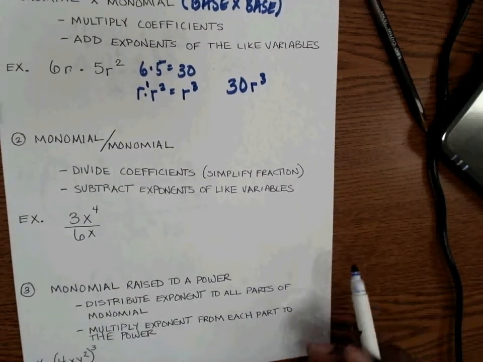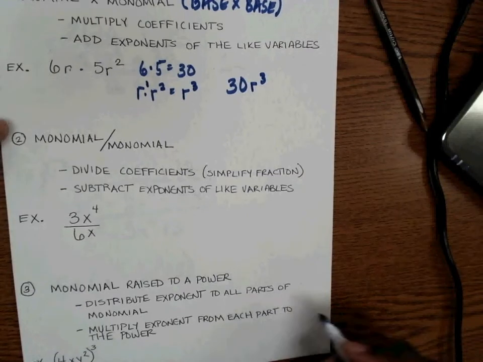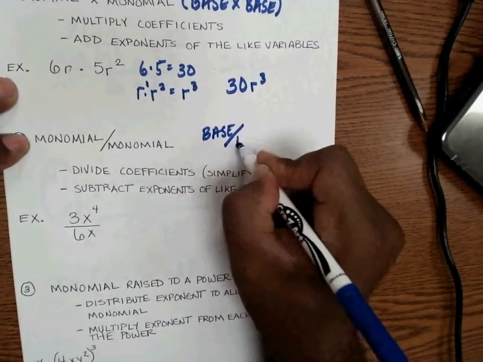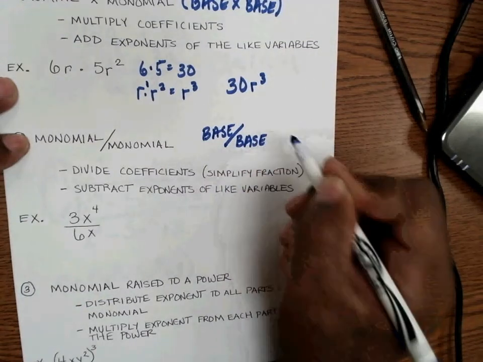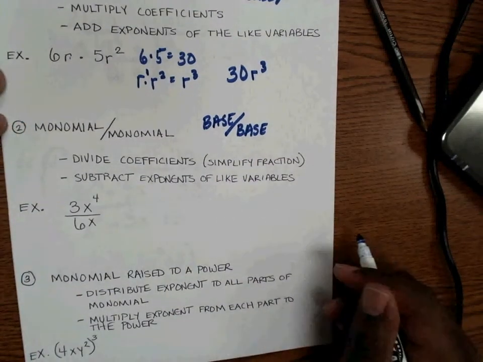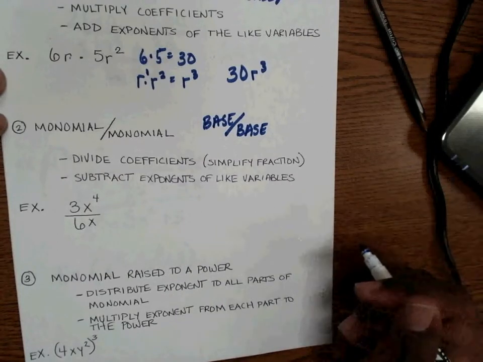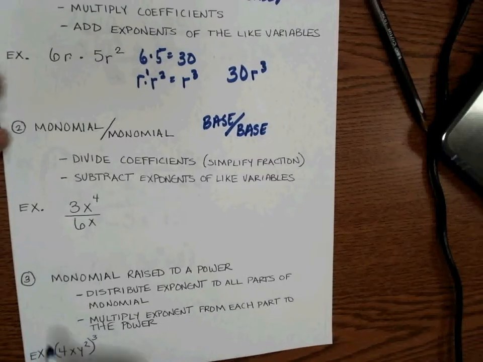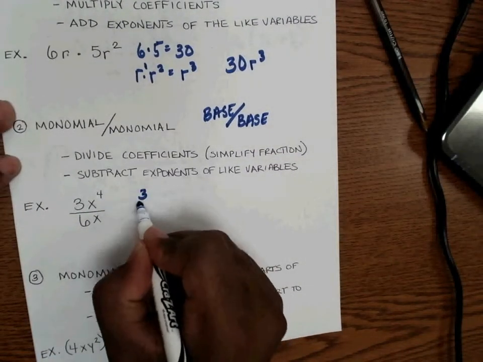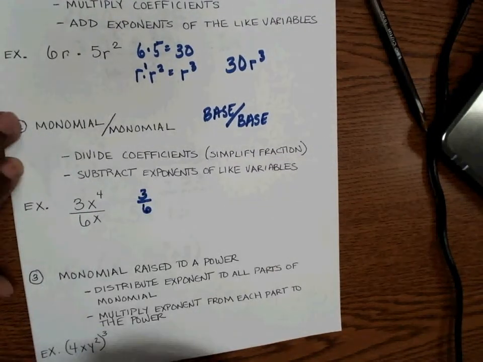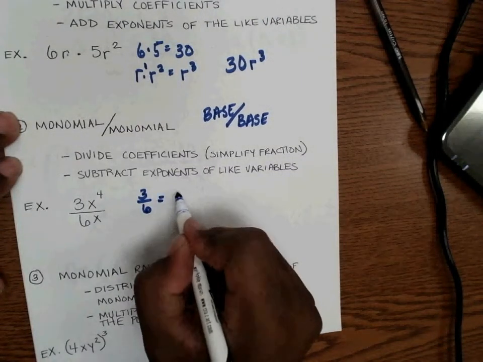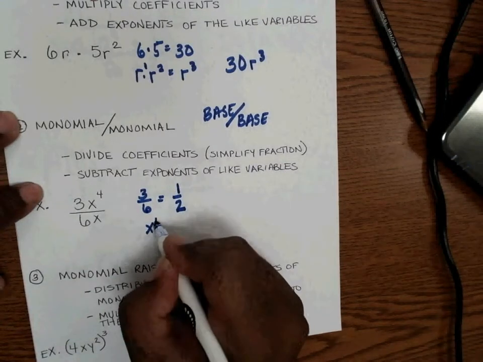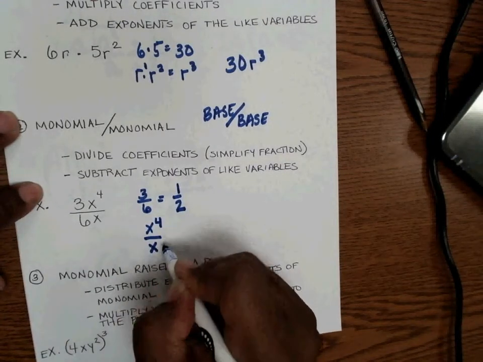Our next law is a monomial divided by a monomial, or a base divided by a base. As it reads, you divide the coefficients, which would also be simplifying fractions, and then you subtract the exponents of like variables. So in our case, we have 3 divided by 6, and this wouldn't give us a whole number. It would give us the fraction simplified as 1/2, and we have x to the 4th divided by x.